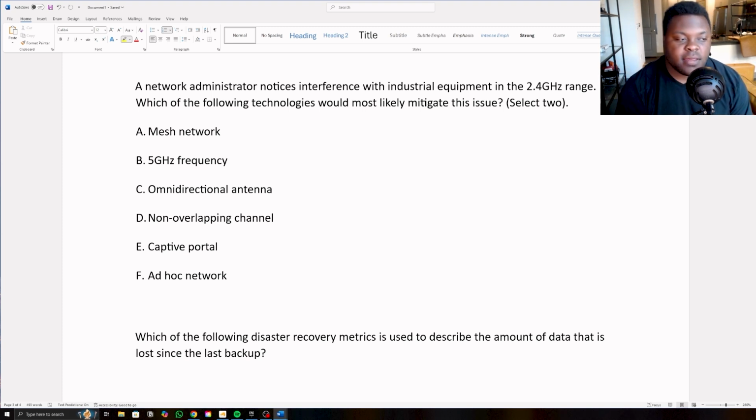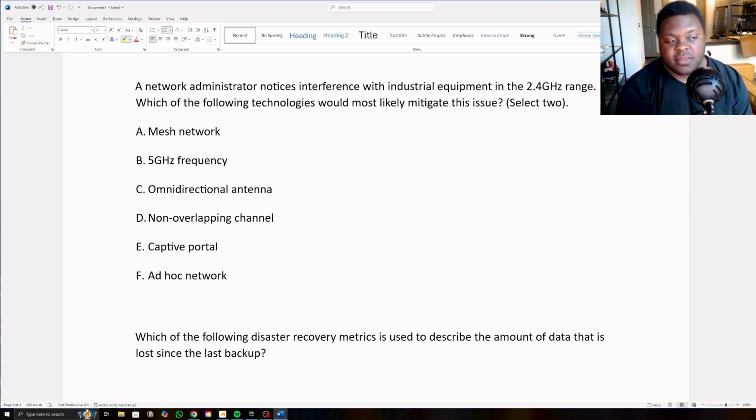Answer choice B is a 5 gigahertz frequency. This is less likely to have interference from industrial equipment. So that's a good answer. Answer choice C is an omnidirectional antenna. It sends signals in every direction, but it doesn't necessarily mitigate our industrial equipment issue that we're having.